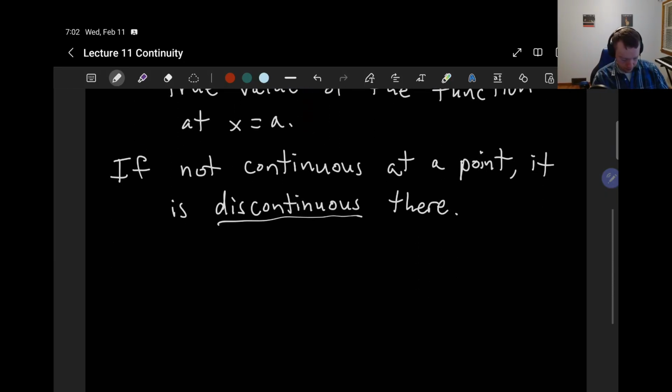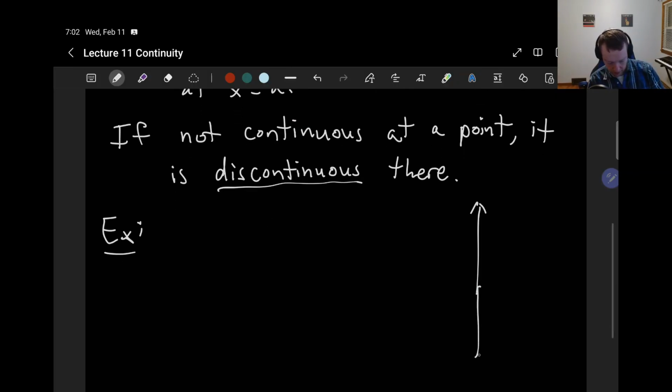For example, I'm going to draw something that looks like the absolute value function. Here's x, y. Let's draw a couple points.